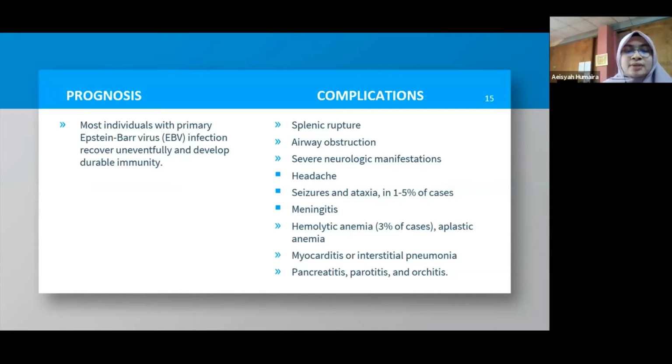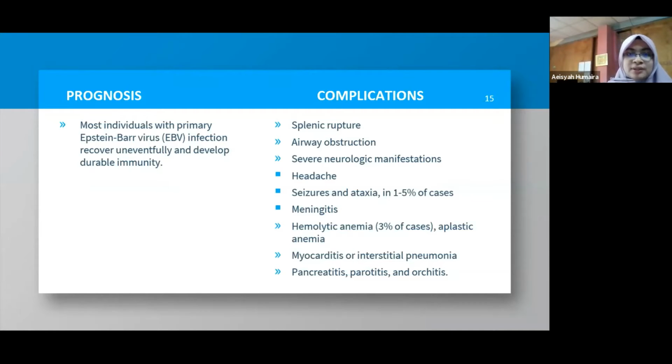For the prognosis, most individuals with primary Epstein-Barr virus infection recover uneventfully and develop strong immunity. For the complications, the most severe is splenic rupture, and the rate of splenic rupture is less than 0.5% in adults and may be lower in children.